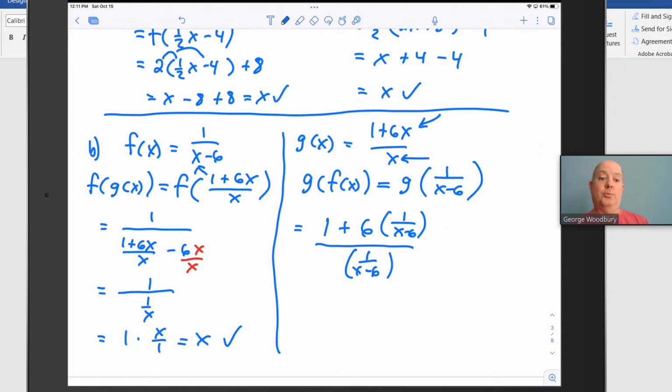We need to clean up the numerator first. In the denominator, we've got a single fraction, and we can replace that by its reciprocal, converted to multiplication. But we've got to take care of the numerator first. The second term has a denominator of x minus 6. We're going to need that.